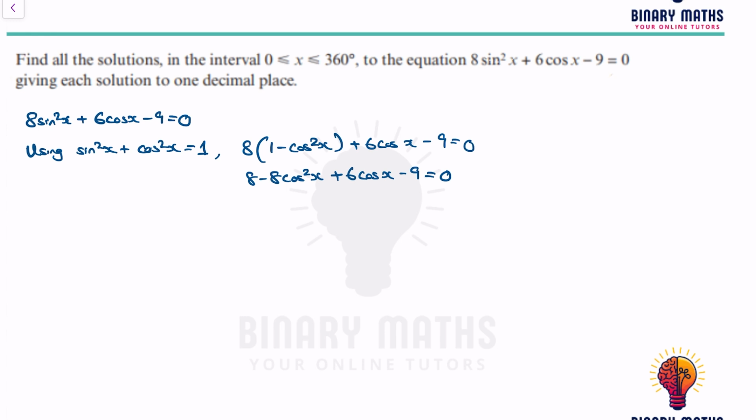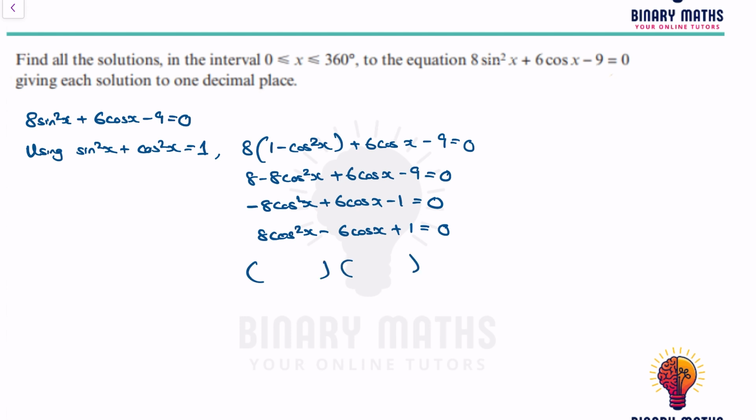Okay, 8 minus 9, I get minus 1. So minus 8 cos squared x plus 6 cos x minus 1 equals 0. If I change the sign consistently by multiplying by minus 1, I get 8 cos squared x minus 6 cos x plus 1 equals 0.